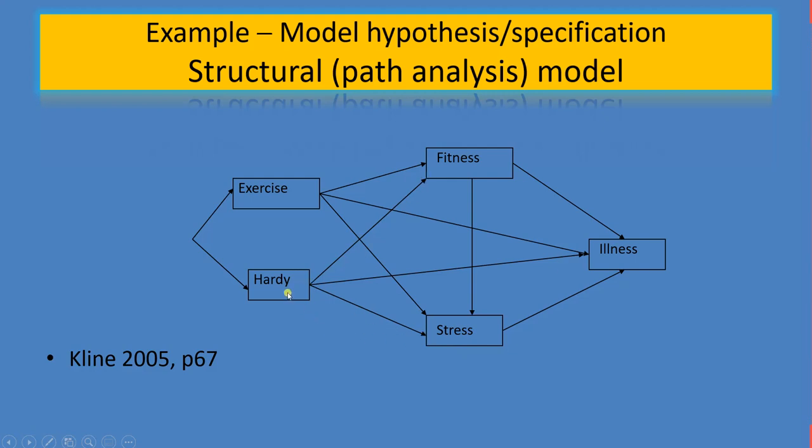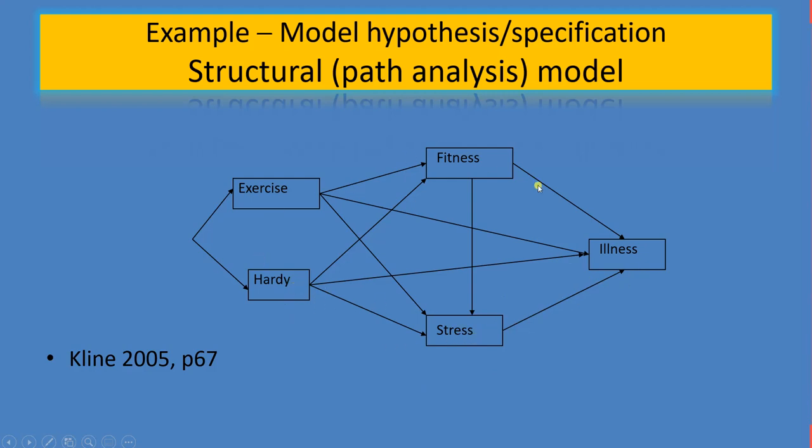And we are at the same time hypothesizing that this will also influence the level of illness. Similarly, exercise is also linked with these three variables. Then fitness is influencing illness, and stress is also influencing illness. Hardy is influencing illness directly as well as indirectly through stress.